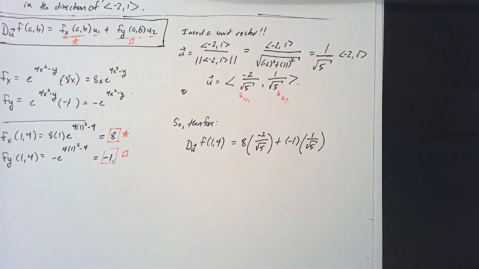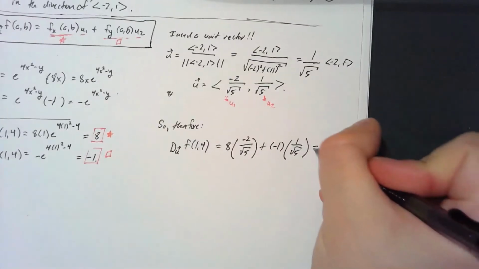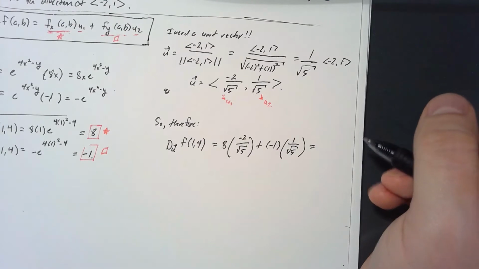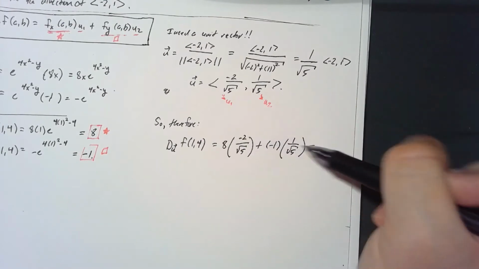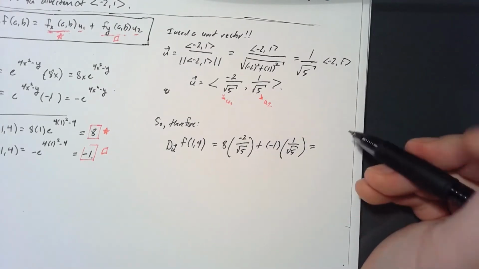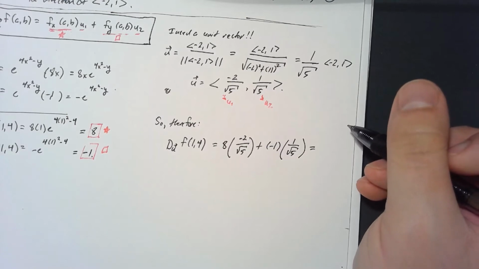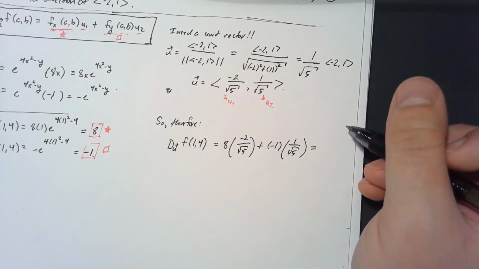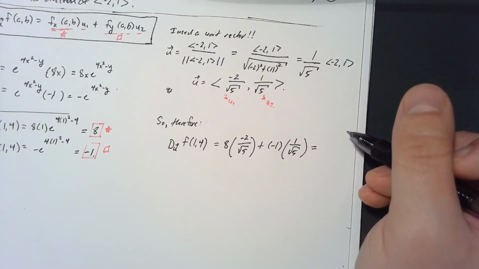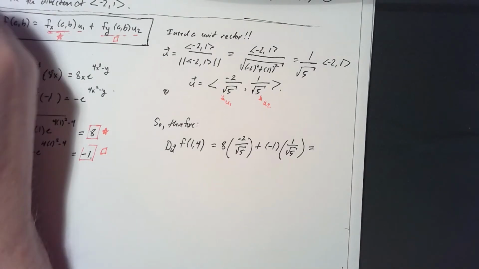All right. And when you go through that, that's a basic computation. You get negative 16 over root 5 minus 1 over root 5, which is what? We'll use our calculator here.